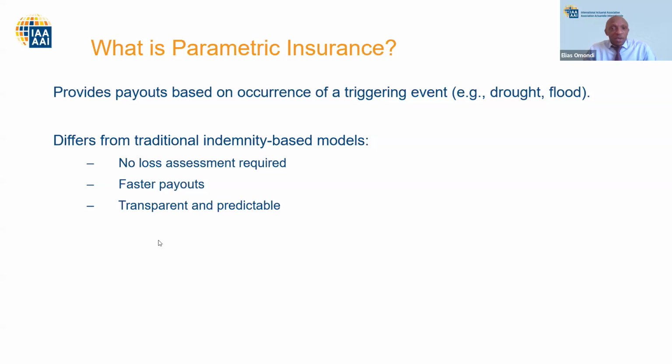Payouts will be based on a particular event, and we use proxies based on that particular index to determine how much a policyholder is supposed to be compensated. That's the reason why it differs from traditional models, whereby loss assessment is not done. There are faster payouts, and also benefits around transparency and predictability.